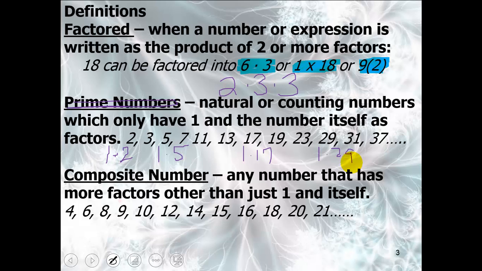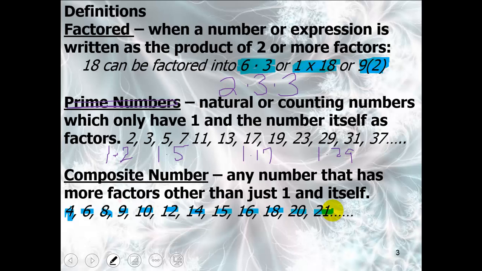There are other numbers that can be multiplied together to give you that product. Examples of composite numbers are 4, 6, 8, 9, 10, 12, 14, 15, 16, 18, 20, 21.